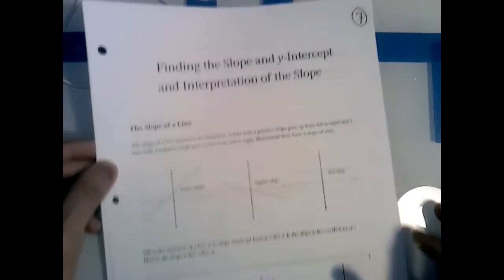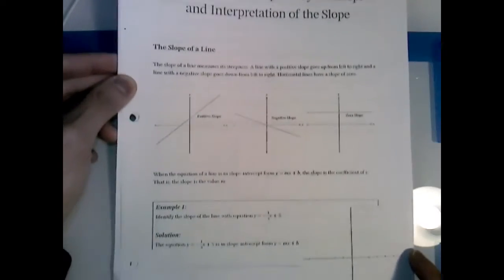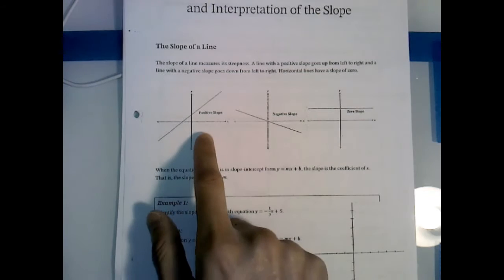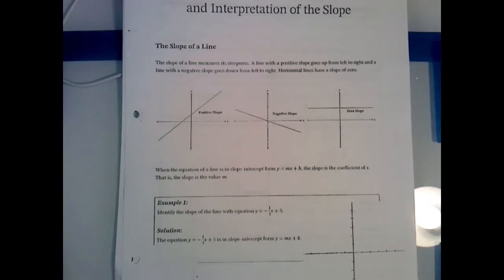So this is page 7. First things first, we have the slope of a line. As you can see, slope talks about the steepness of the line. That's the geometric interpretation. We have three situations here: positive slope, negative slope, and zero slope.